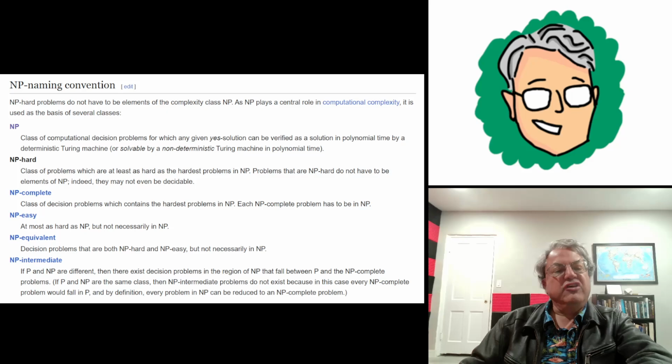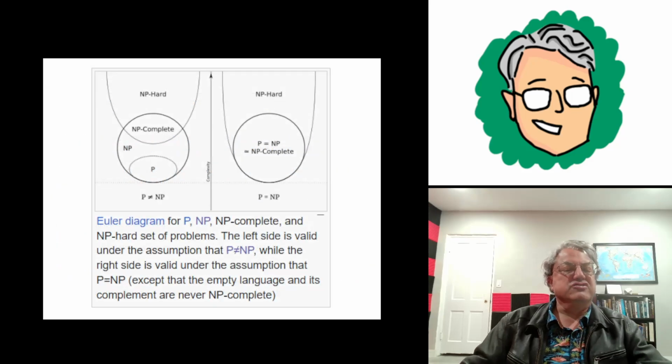And then, yeah, so now we're sort of getting into the P versus NP problem. So we have this thing called an Euler diagram, which shows you the relationship between these different types of problems: P, NP, NP complete, and NP hard. And it turns out that the NP complete problems are the problems that are in the intersection of NP and NP hard.